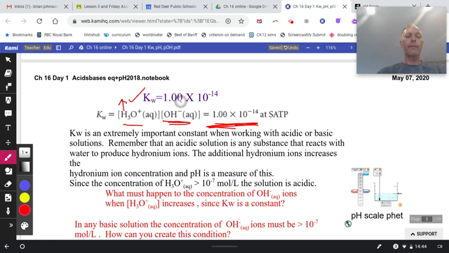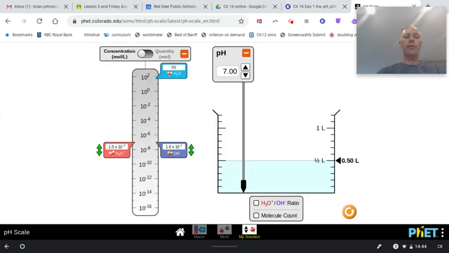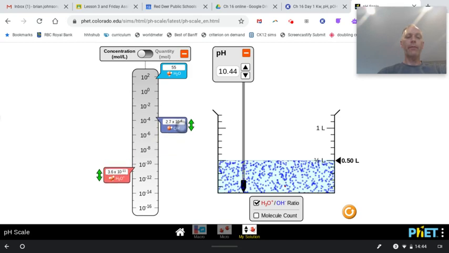It must decrease. If one goes up, the other goes down. They're inversely proportional. And I'm just going to show you that with a simulation. So we have a container of water, pH of 7. So these little dots, the blue and red dots, represent hydroxide for blue, hydronium for red. If I increase hydroxide, what happens to hydronium?